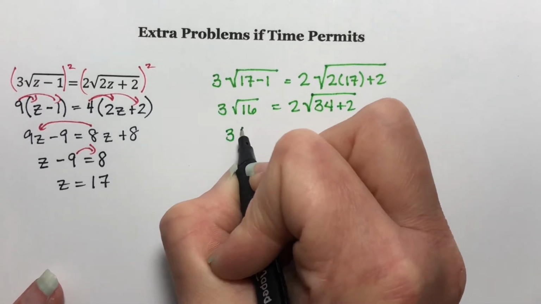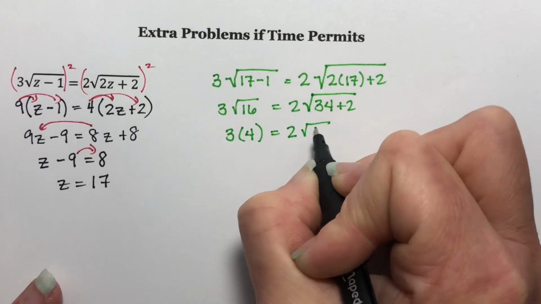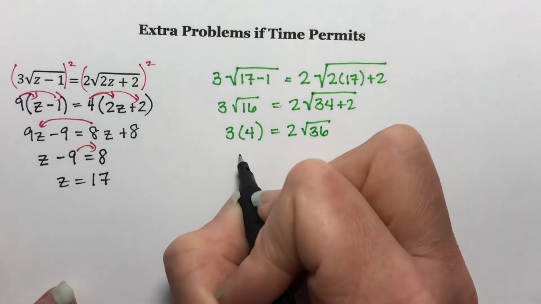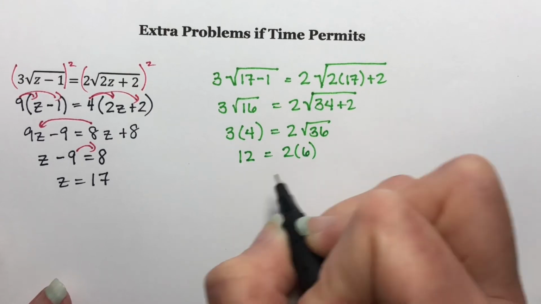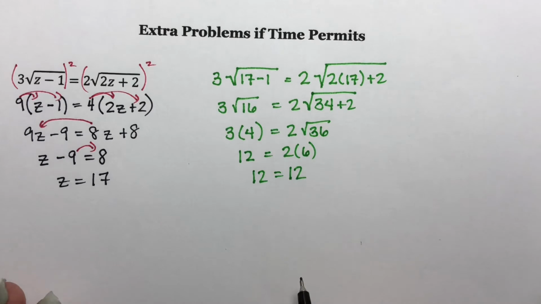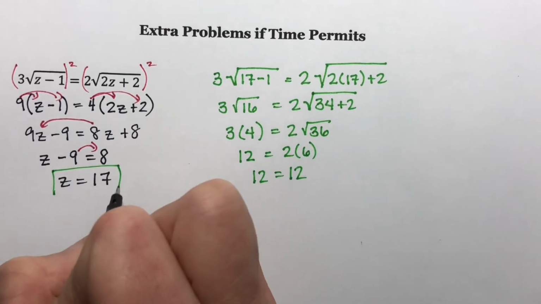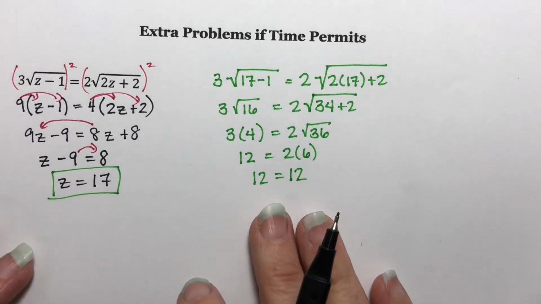This is 3 times 4 equal to 2 times the square root of 36. This is 12 is equal to 2 times 6, and you probably see that this is true from here, but you can keep going to get 12 equal 12. So z equal to 17 is a good answer.